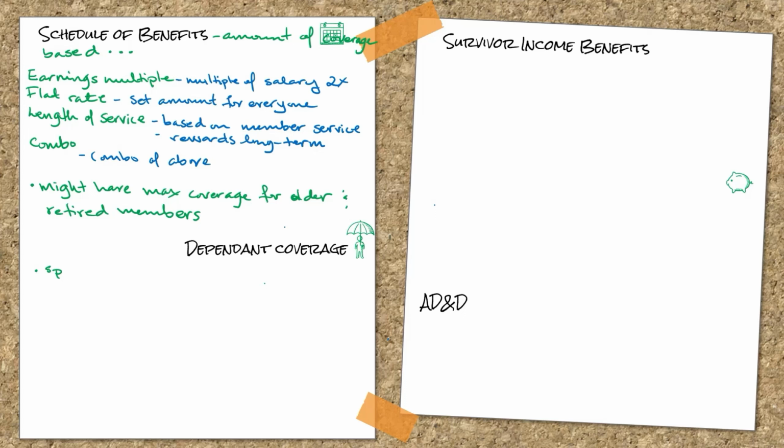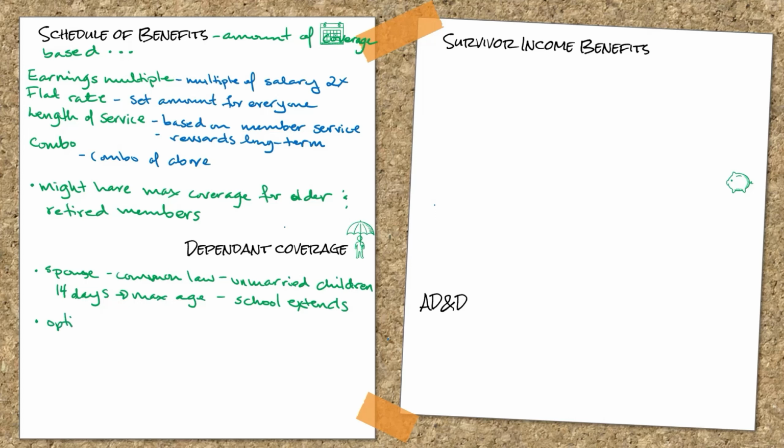The dependent coverage, we mentioned what a dependent is before, but I'll quickly go through it again. A spouse, common law spouse, unmarried children, 14 days to a max age, and if they're in school, possibly a little bit longer. Now, the dependent coverage is optional and it's paid by the member.